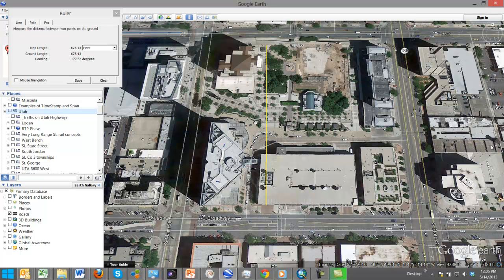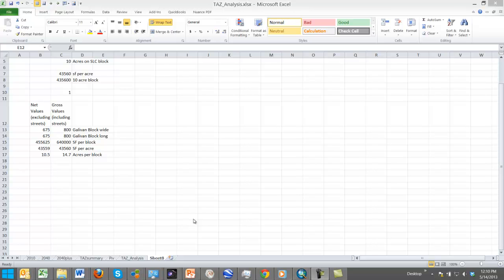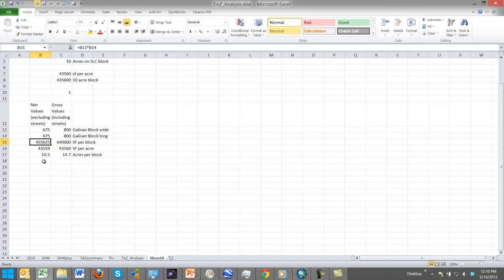So why don't we just assume 675 is a good number, and I'll put that. Okay, so when I took out the streets and did 675, I then got to 10.5 acre blocks, which is pretty close. That's much closer.